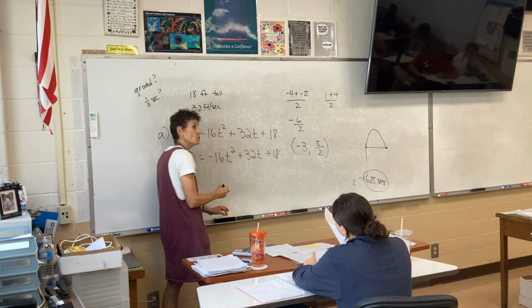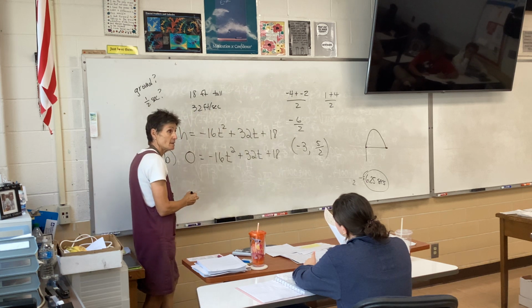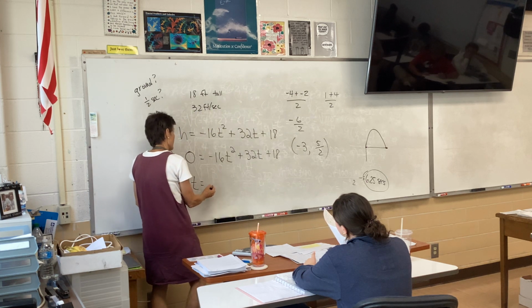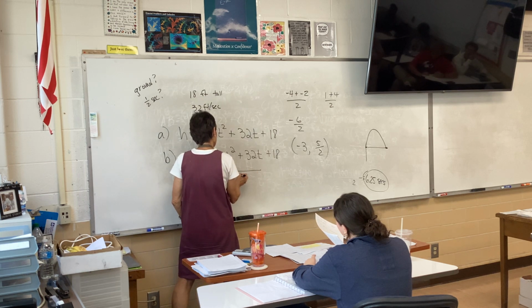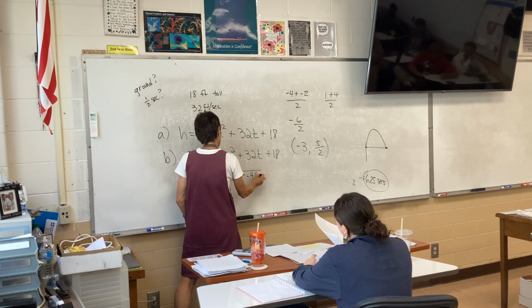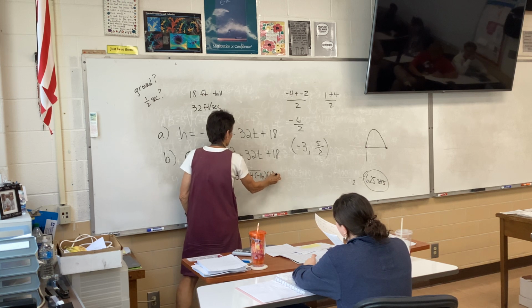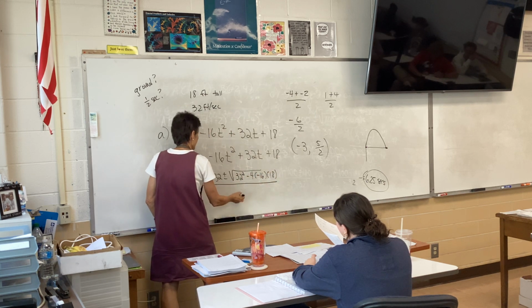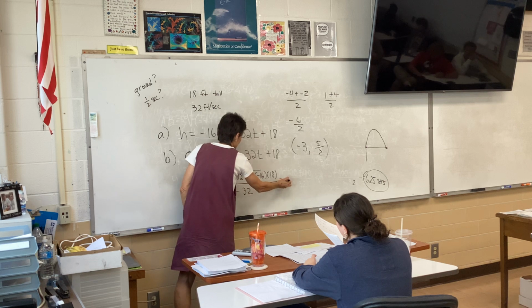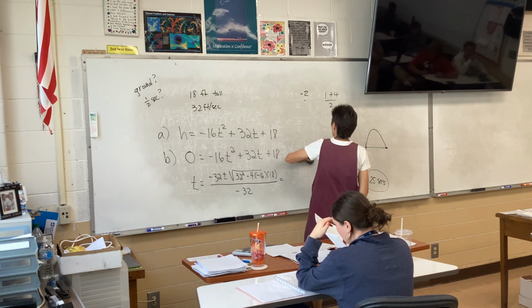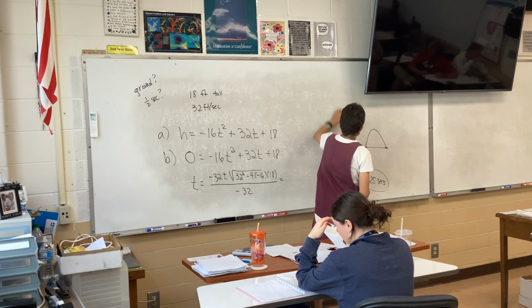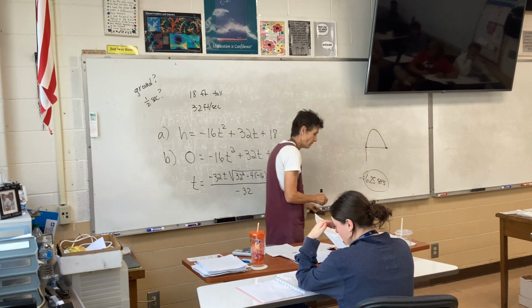Solve for t using the quadratic formula. So negative b plus or minus the square root of b squared minus 4ac all over 2a. You still with me, Scout? Yeah. Now, I need a number here. I need an answer, like 6.25.